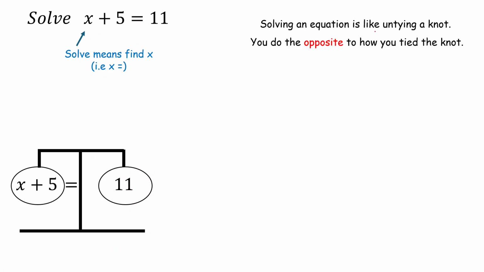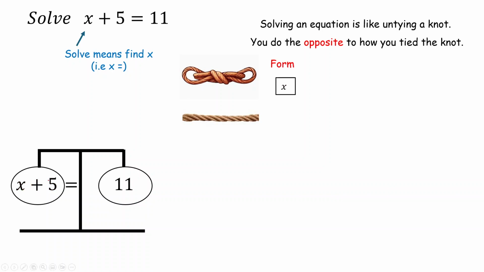Solving an equation is like untying a knot. You do the opposite to how you tied the knot. If we consider this x plus 5, we know from the last video that we started off with x, and when you added on 5, that gave you x plus 5. That was when the equation was formed.